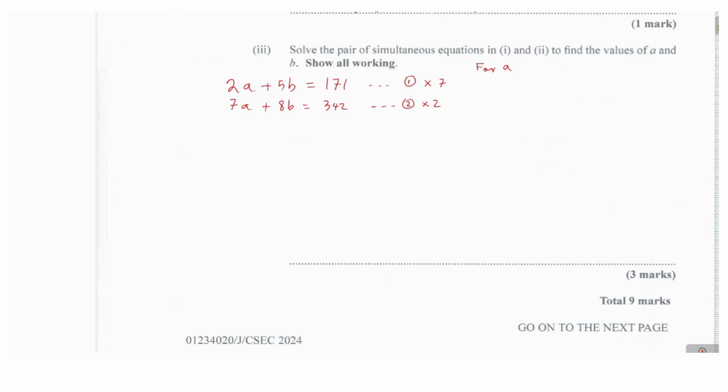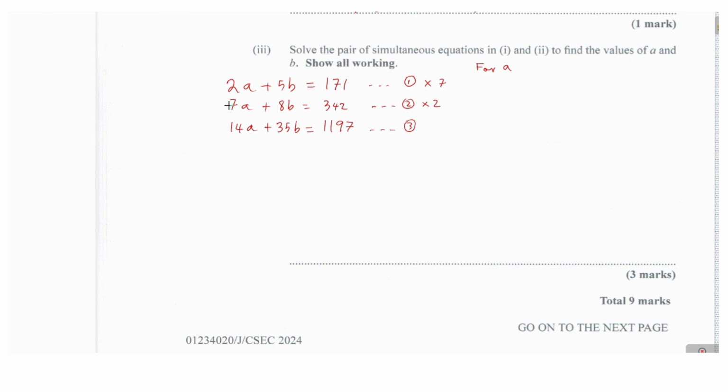So 7 times 2A there would be 14A, plus 7 times 5B, that's 35B, equals 7 times 171, which gives 1197. Okay, and let's call this line 3.